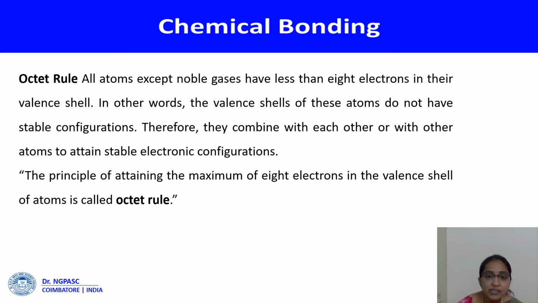In other words, the valence shells of these atoms do not have stable configurations. Therefore, they combine with each other or with other atoms to attain a stable electronic configuration. The octet rule is defined as the principle of attaining a maximum of 8 electrons in the valence shell of atoms.